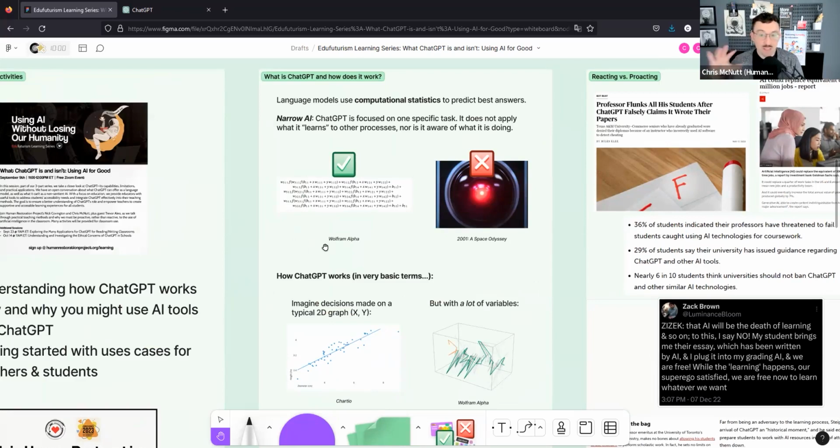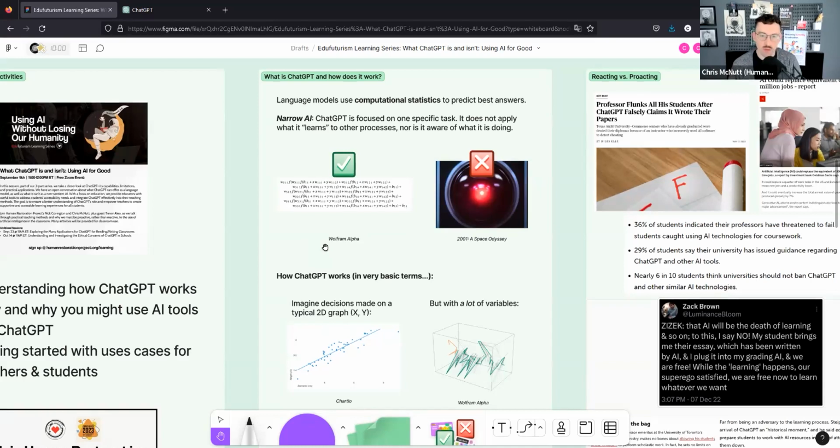So just to provide some background information on ChatGPT, we often hear ChatGPT described as a black box, as in we don't really need to understand how it works, and it just does. But we thought it would be worthwhile to provide some description of what exactly this thing is doing and how it works.